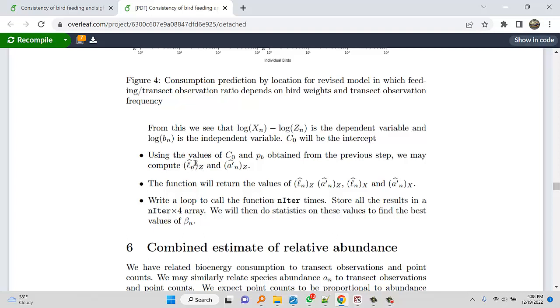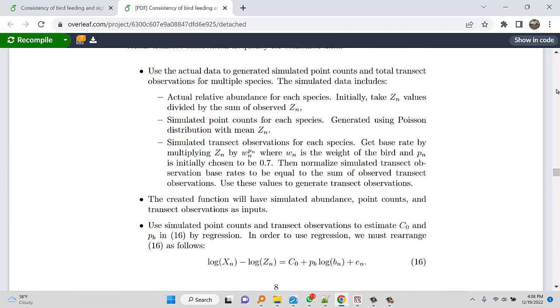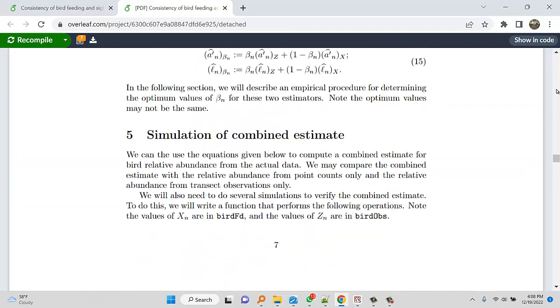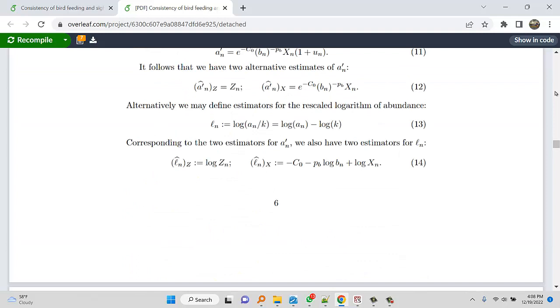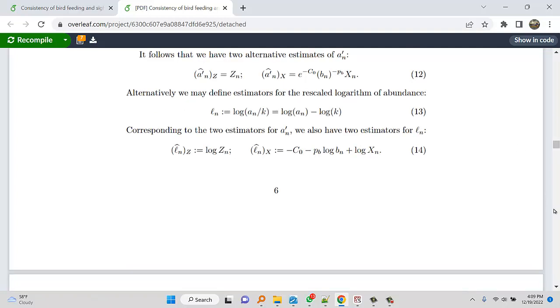Because the ln x requires C0 and PB. Let's verify that. That should be x. Let's go up and see. You can see ln of x depends on C0 and PB. All right, so if I have C0 and PB, I can compute both of these estimators for the simulated data.